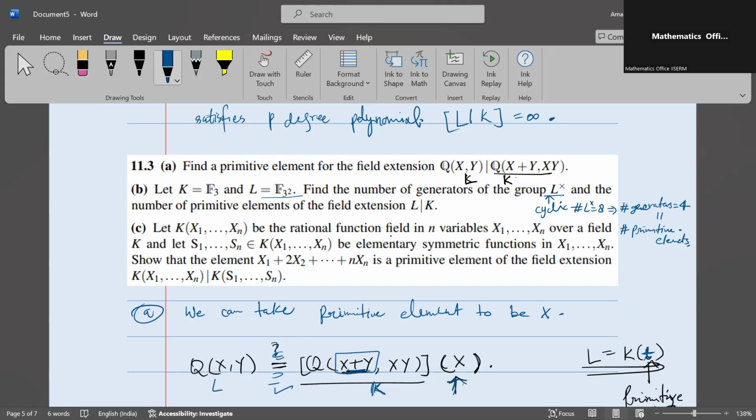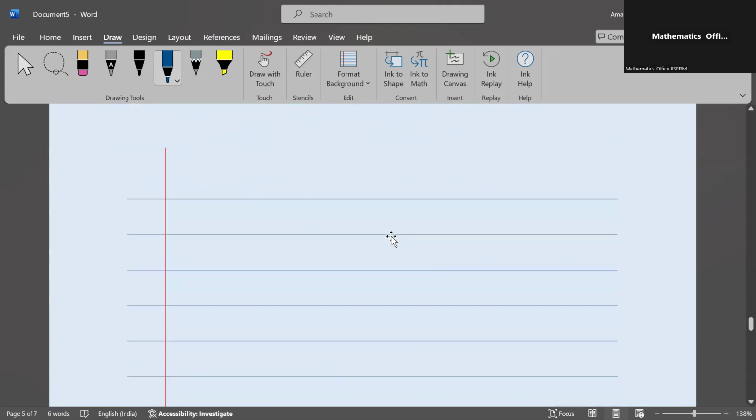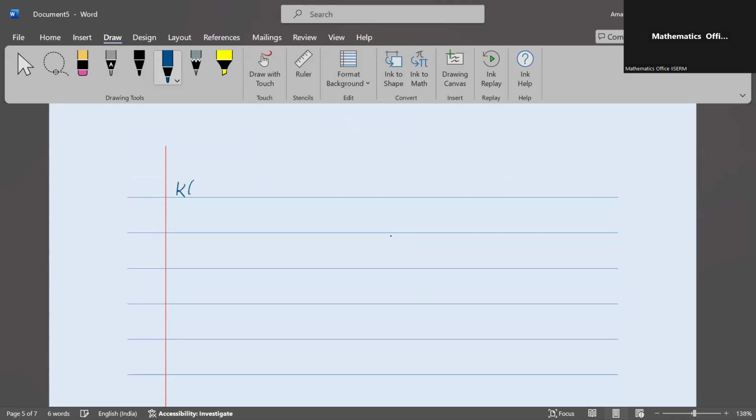And what else do we have here? K(x1, x2, ..., xn), the rational function field in n variables. Let s1, s2, ..., sn be the elementary symmetric polynomials, so that this is a primitive element of the field extension. If you remember from last week's lecture, this extension K(x1,...,xn) over K(s1,...,sn), where s1 is clearly x1 plus x2 plus and so on, and sn is the product of all these x's.